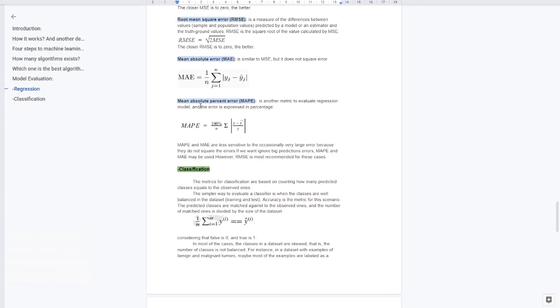Mean absolute percent error, MAPE, is another metric to evaluate regression models, and the error is expressed in percentage.